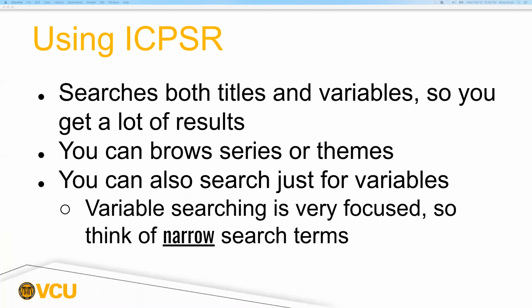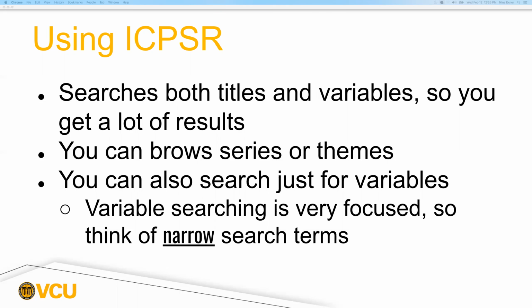In ICPSR, you can search either studies or variables. You tend to get a lot of results, but there are lots of buttons to narrow the data results down. And there's also ways to browse by themes. So again, if you're looking for ideas, that can help a lot if you're kind of flexible on your topic, but want to explore what the possibilities are. If you use the search, you'll end up with searches for studies and searches for variables.